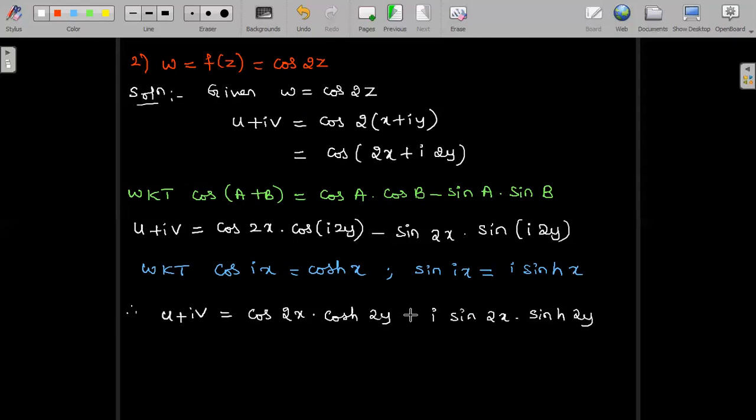Next step, we have to separate the real and imaginary parts. We have to write down what is u and what is v, just equating the real and imaginary parts.